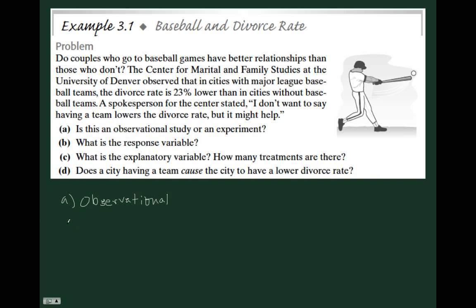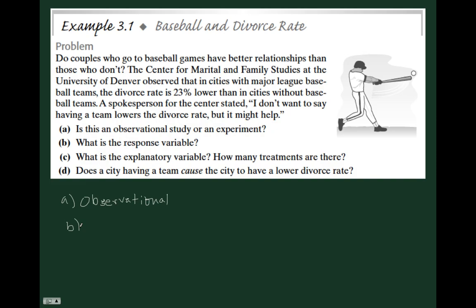Now, part B is asking us about one of the variables. And there's two basic kinds of variables that we're going to be interested in this chapter. One's called the response variable and one's called the explanatory variable. So the idea here is, can one variable be used to try to affect or change the other variable?